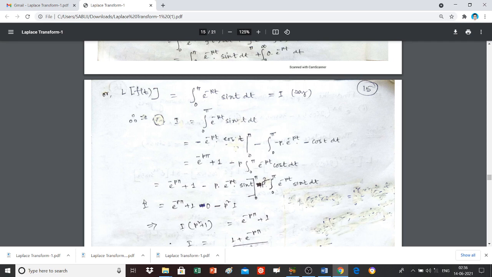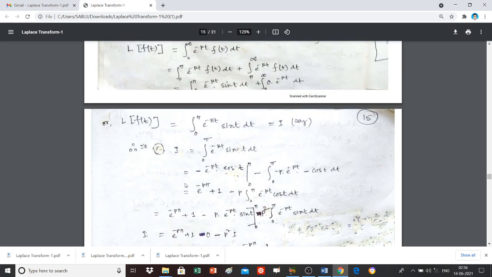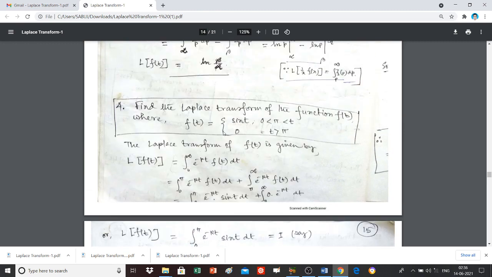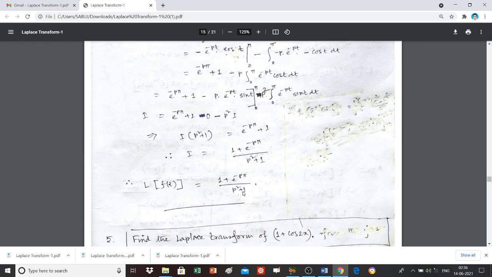So I is taken as a common term, then p square plus 1, that is equal to e to the minus p pi plus 1, or I is equal to 1 plus e to the minus p pi by p square plus 1. So the Laplace transform of the function that is defined in our present problem is equal to 1 plus e to the minus p pi by p square plus 1.